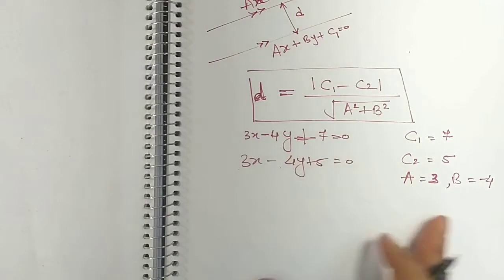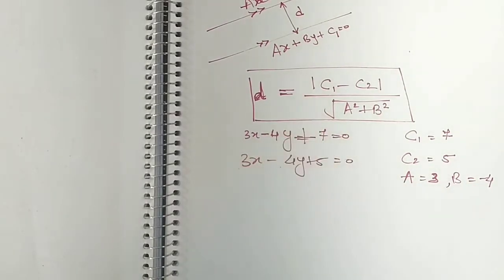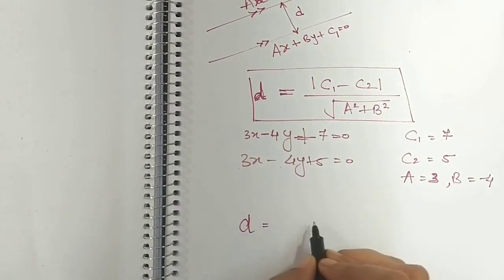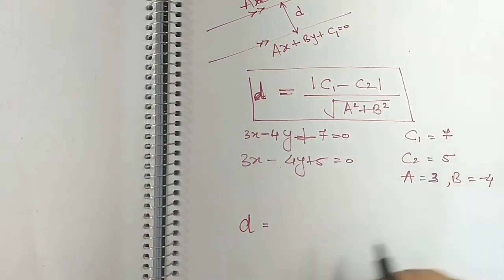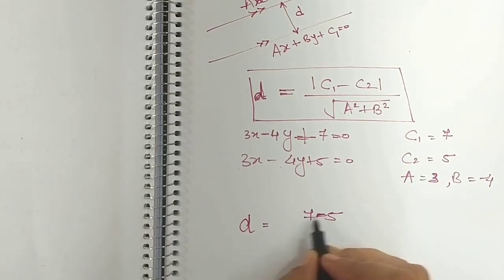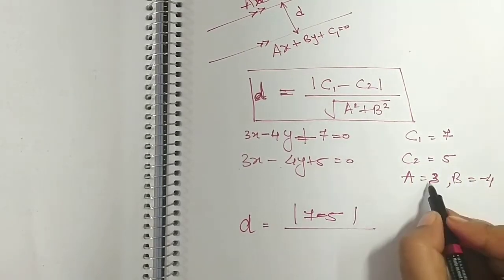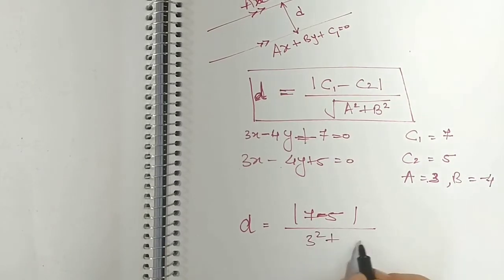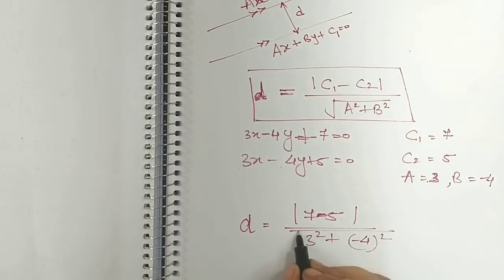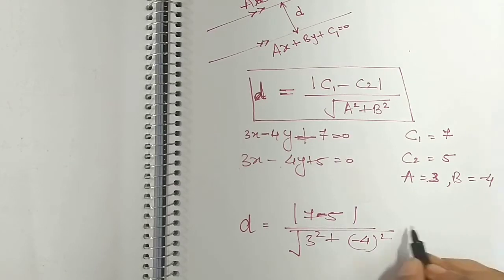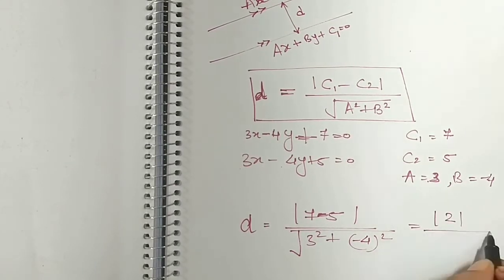So let me fit these values in the formula. I will get D is equal to C1 minus C2, 7 minus 5 mod by root of A square plus B square, so 3 square plus minus 4 square under root. What is 7 minus 5, guys? Everybody knows it is mod of 2.